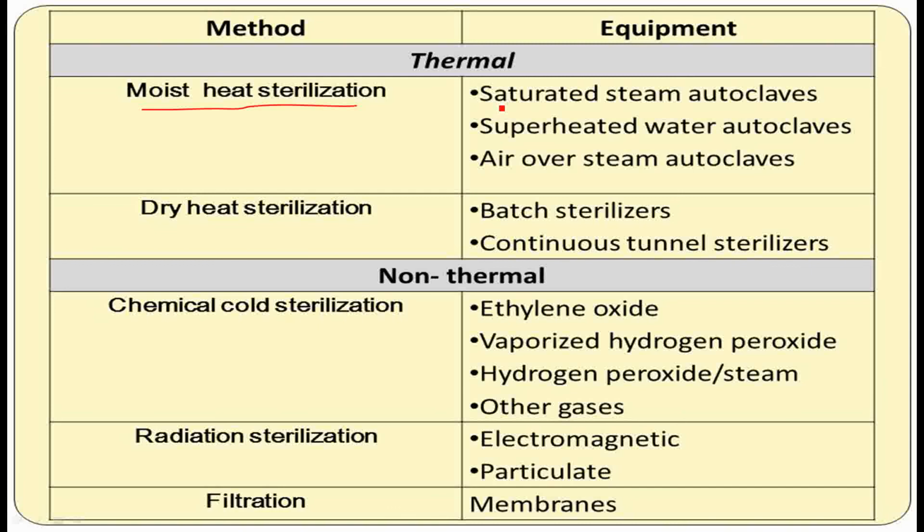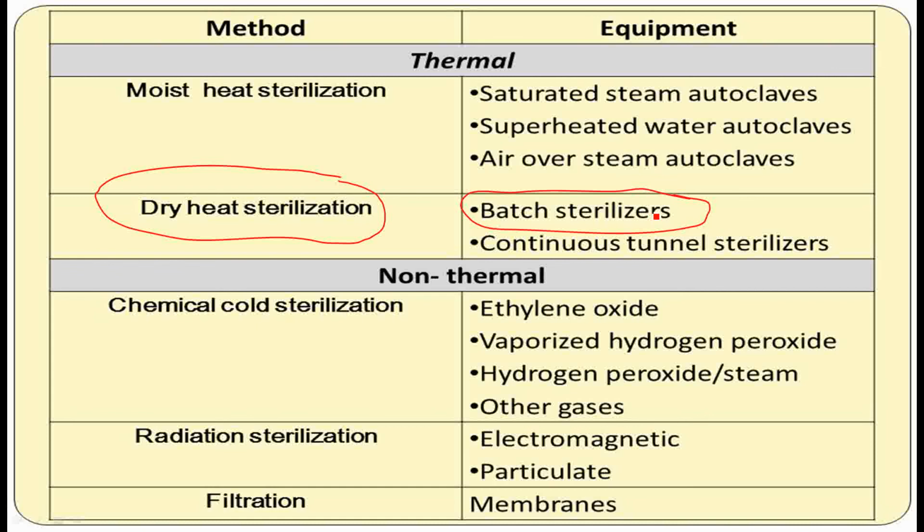The equipment used will be saturated steam autoclaves, superheated water autoclaves, and air over steam autoclaves. These are all equipment for moist heat sterilization. Next method is dry heat sterilization. Equipment will be batch sterilizers and continuous tunnel sterilizers.